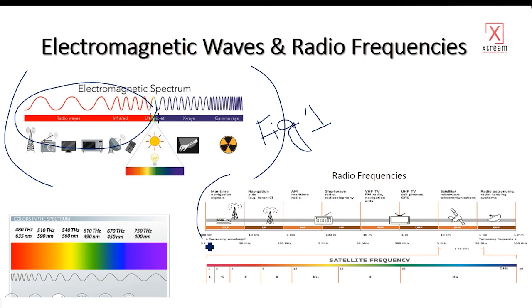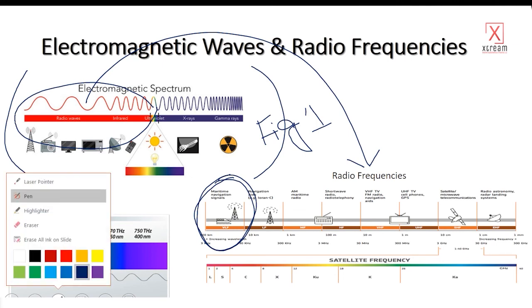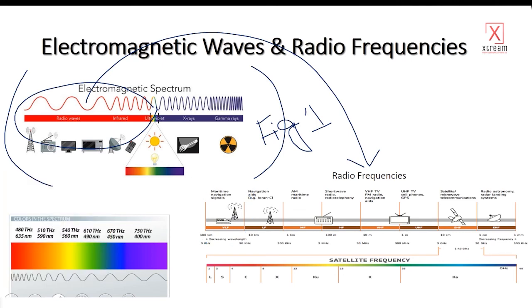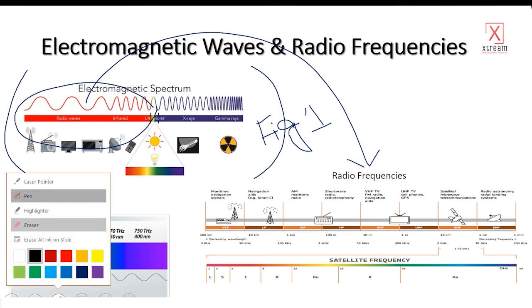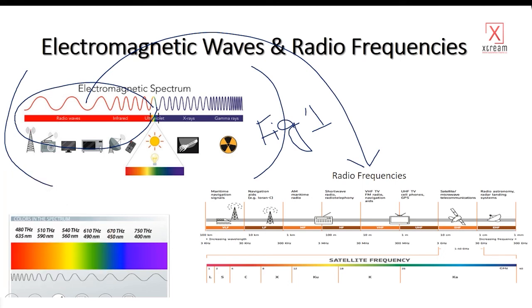Like we have the sub-bands. This is our radio frequency. Let's suppose this is our radio frequency band. Now in the radio frequency band we have some other sub-bands over here. We can use these bands for different purposes and for different applications. So you can see we have radio frequency over here. We have a very short visible light frequency range over here, and some other frequency ranges over here.